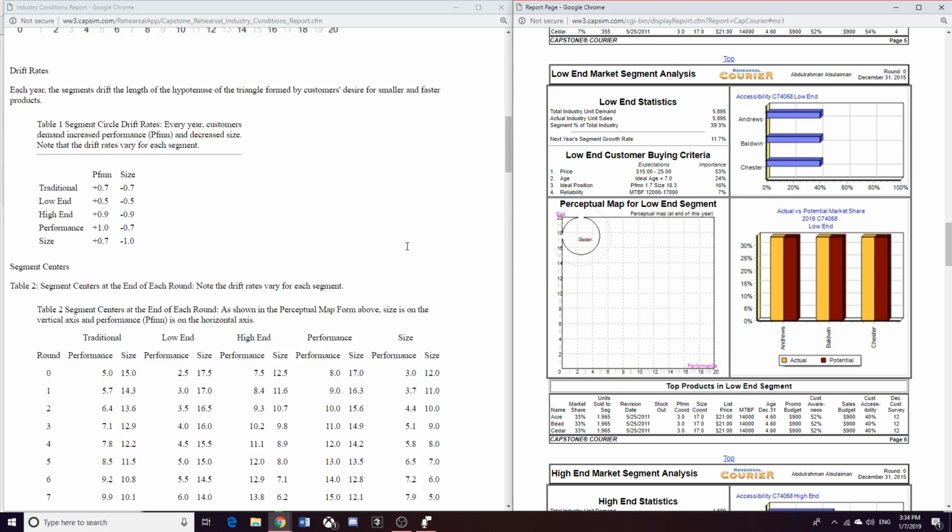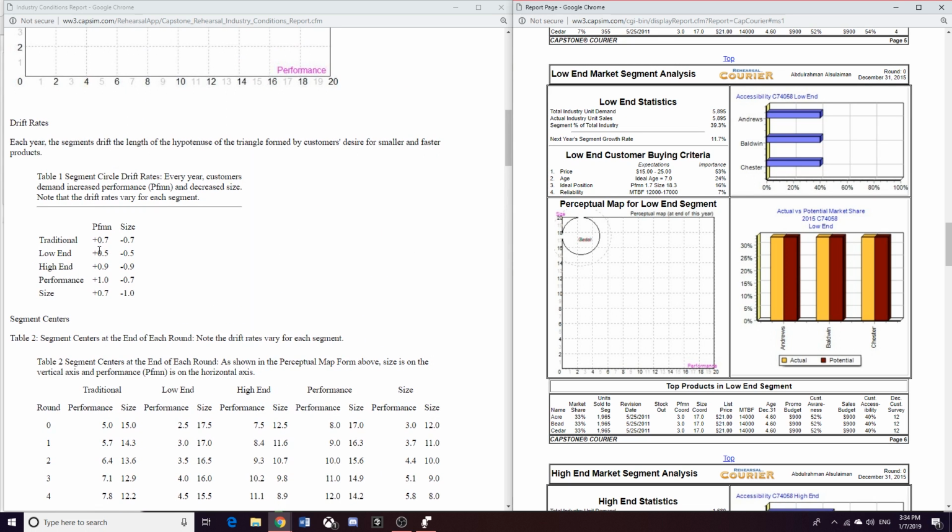So what is the drift? The drift rate is plus 0.5 for performance and minus 0.5 for size. So that means that at the end of round 1, we're gonna have performance at 2.2. Why? Because we added 0.5 to 1.7, so it became 2.2.